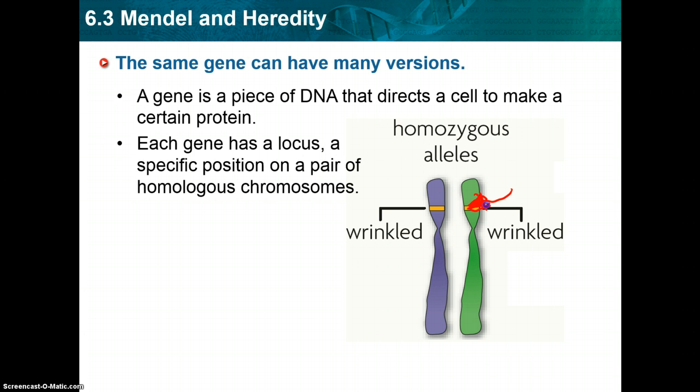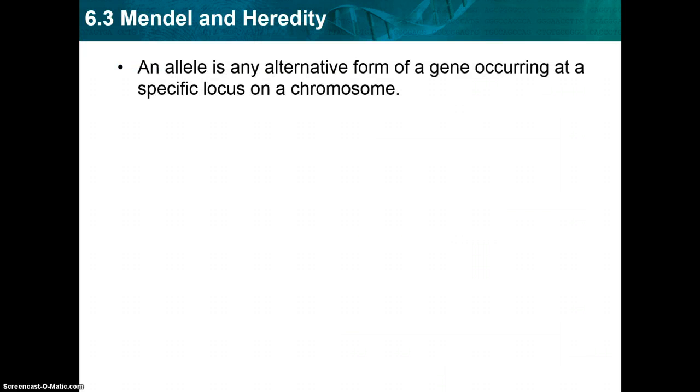Yeah, an exact location. So here is going to be if the pea was wrinkled or not. That would be the locus. And that is how scientists have now discovered what traits you actually have, is because they know what specific areas to look for that gene in.